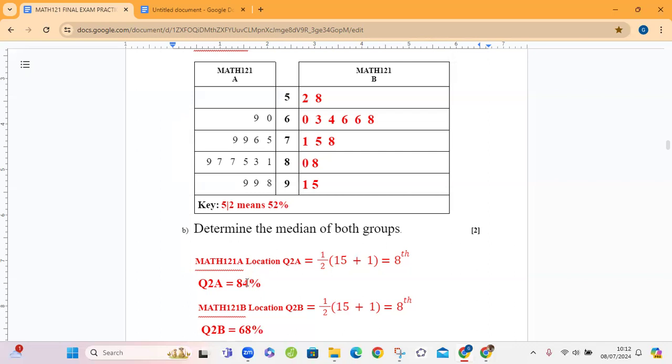Not 84, 83. First, second, third, fourth, fifth, sixth, seventh, eighth. And for group B, first, second, third, fourth, fifth, sixth, seventh, eighth. So that's 68. So the median for group A is 83%, and the median for group B is 68%.